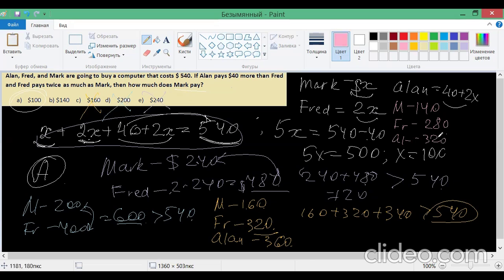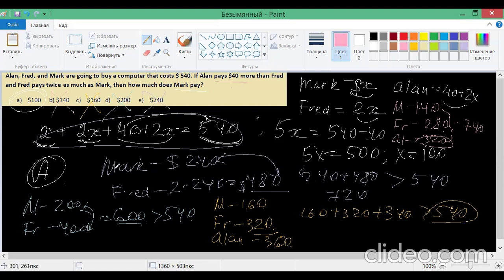Let's add these three numbers together, we will get, oh, okay, 300, 420 and 740. Yes, if I'm not mistaken, it's much more than enough. In this case, we got a weird situation when Alan gives much more than it's necessary. In other words, Alan shouldn't give any money at all, but we know that he gives money. So we exclude these two.